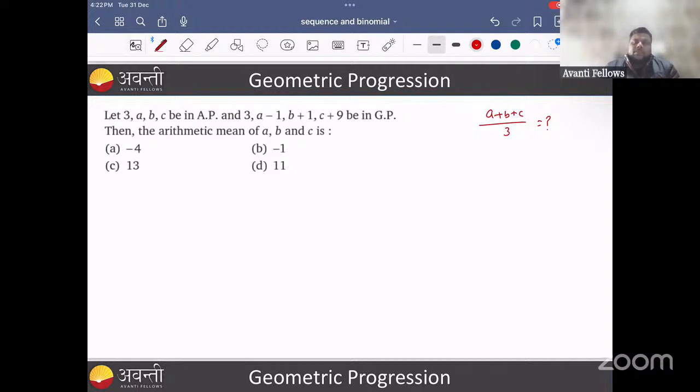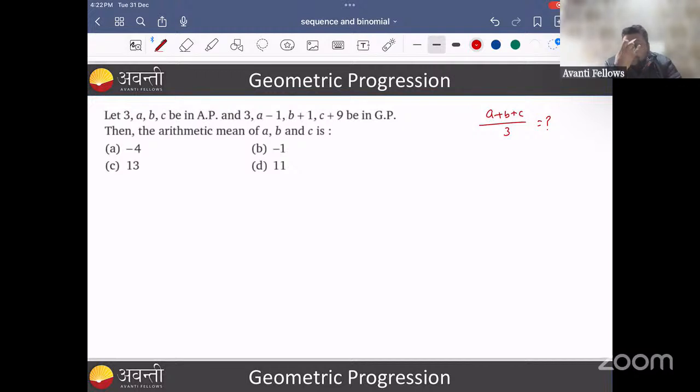I give you a minute to think. And whenever you get the correct answer, mark your answer in the poll section. 3, a, b, c are in AP, 3, a minus 1, b plus 1, c plus 9 are in GP.